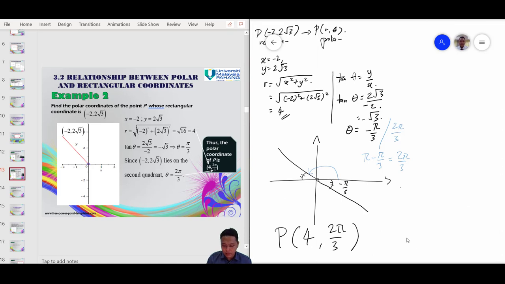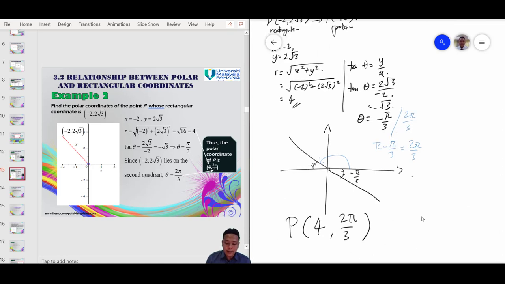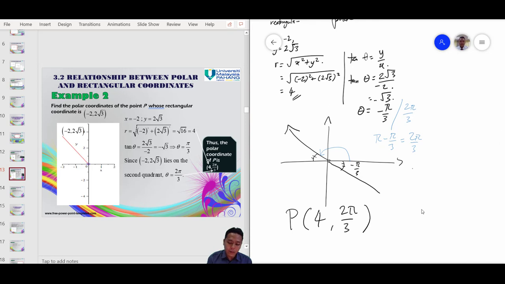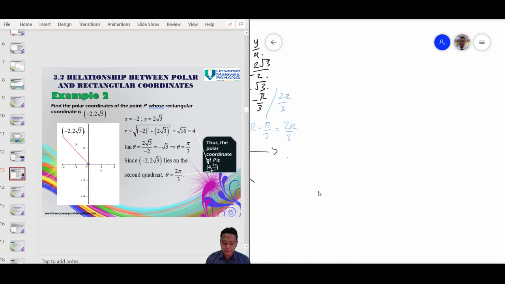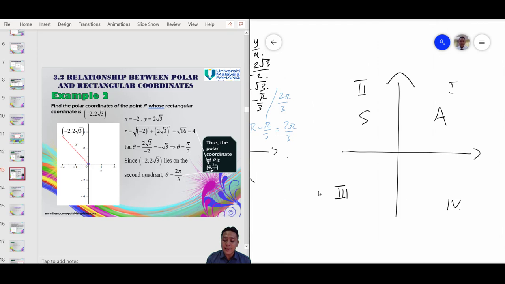Okay, let me give you a recap of why the tangent is negative here. A quick one. Trigo, the first quadrant, second, the third one, and the fourth one. You just need to remember A, S, T, C. A, all positive.